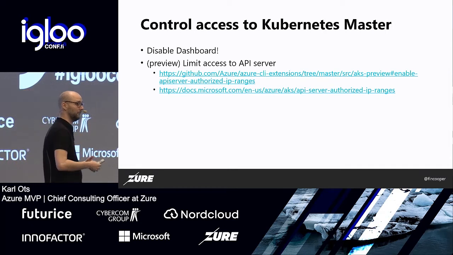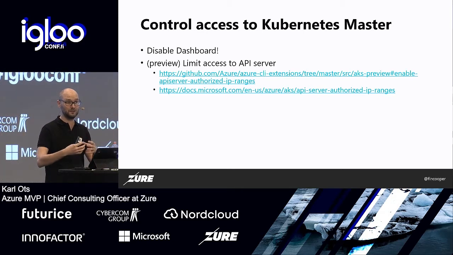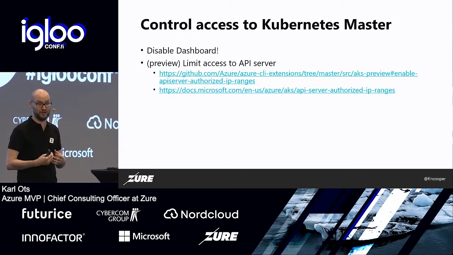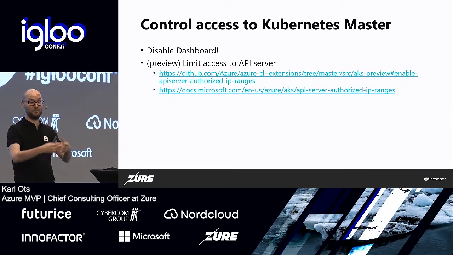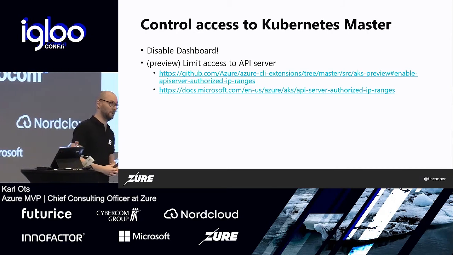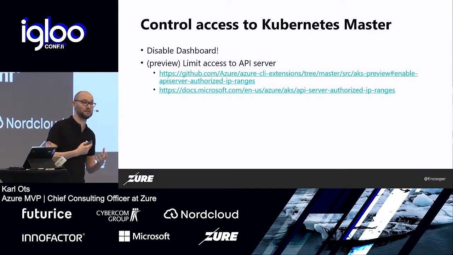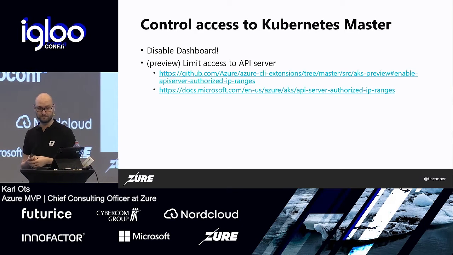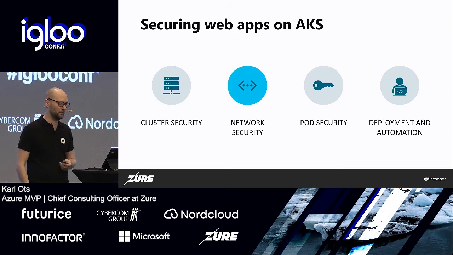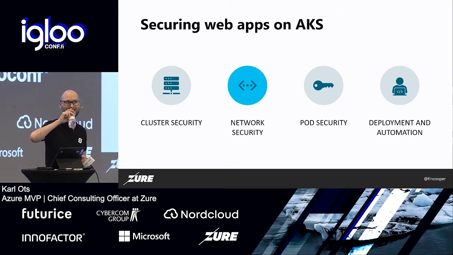But there is a feature coming in the backlog that lets you limit who is able to call that. Maybe only IPs, or only network from your own Azure environment, or maybe only your internal network, can access that dashboard, or any other parts of your Kubernetes API of that master. And that's a nice way of going to the next part, which is network security.